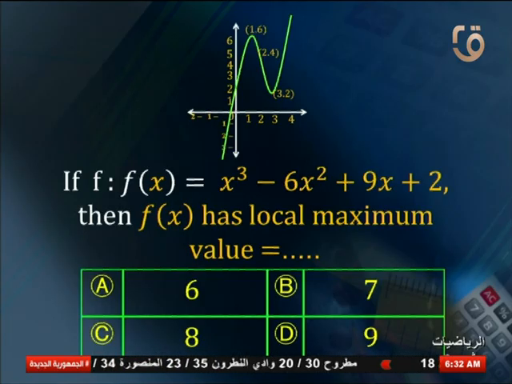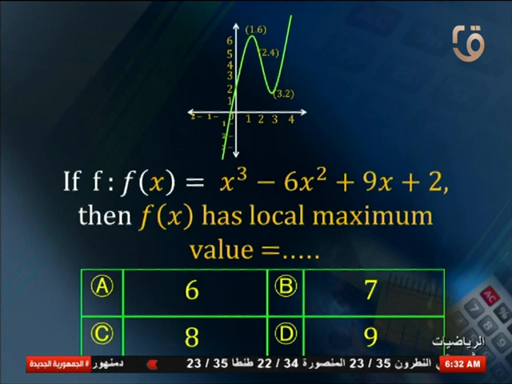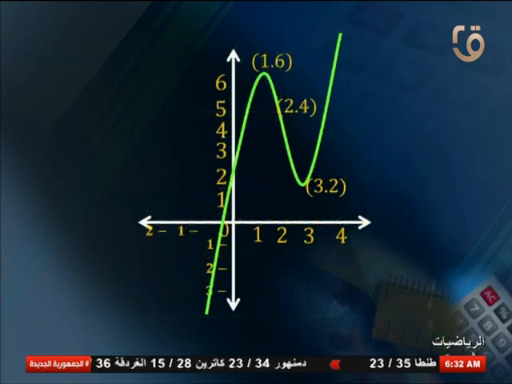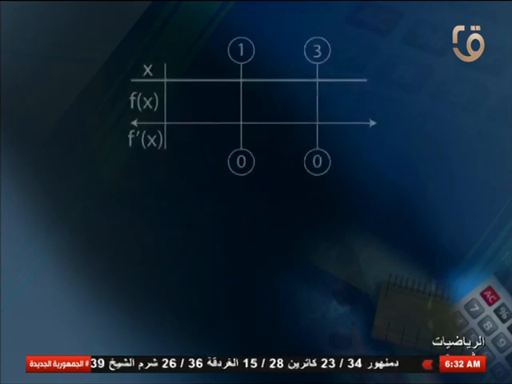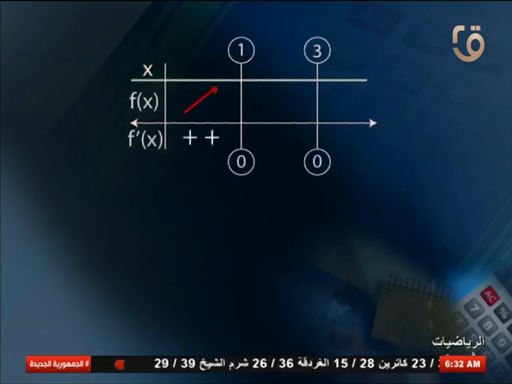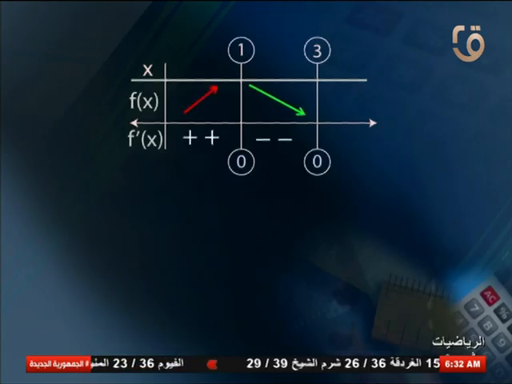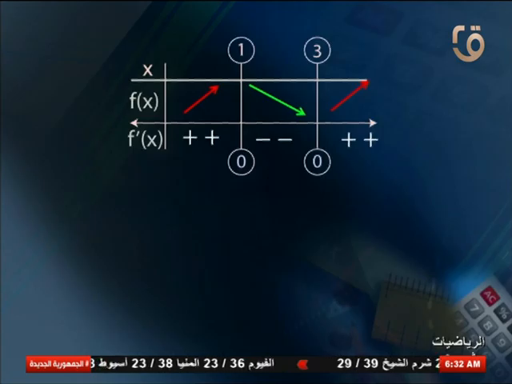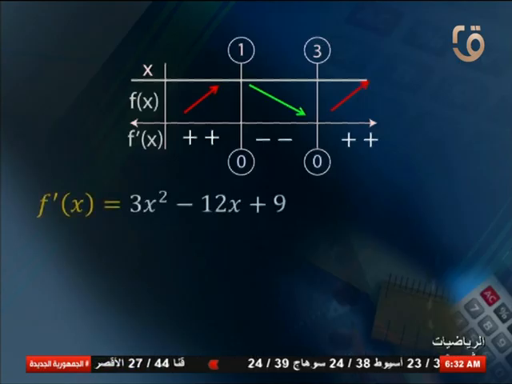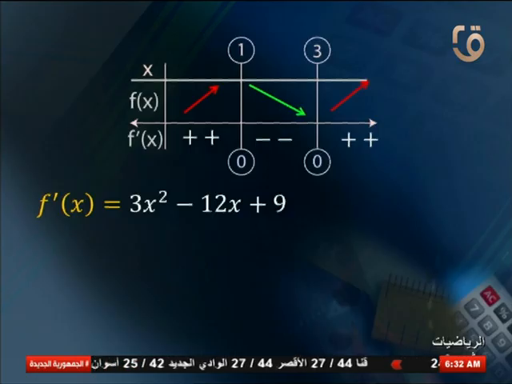At the first, the required local maximum, we find the first derivative. F dash of x equals 3x squared minus 12x plus 9.